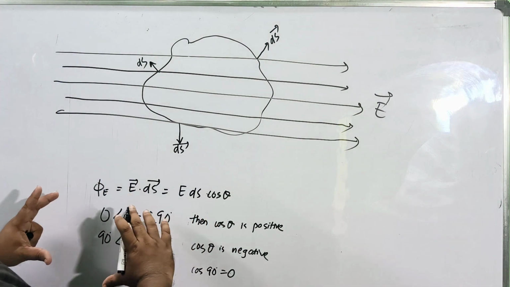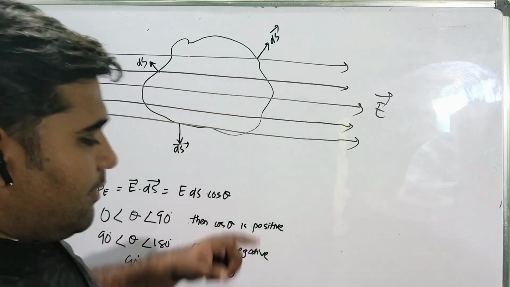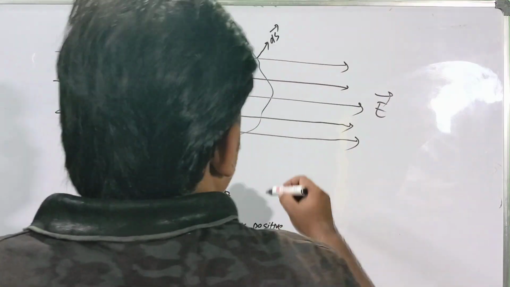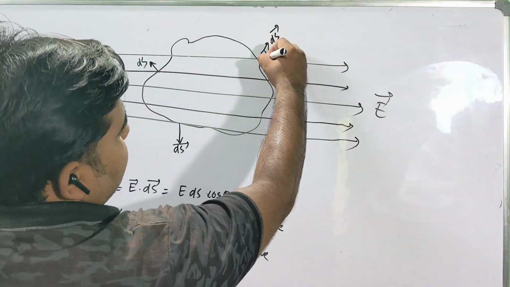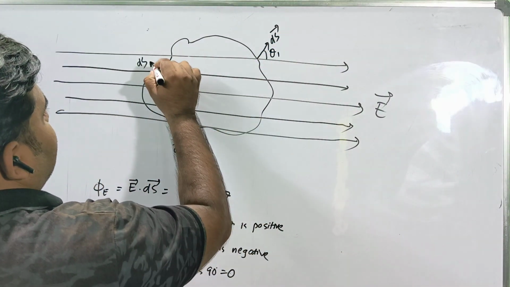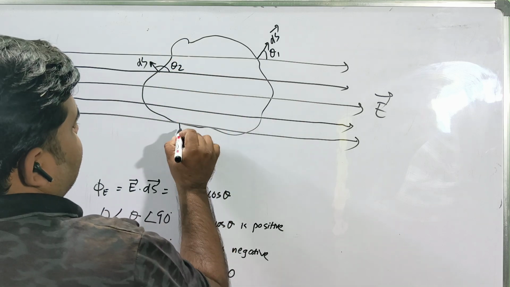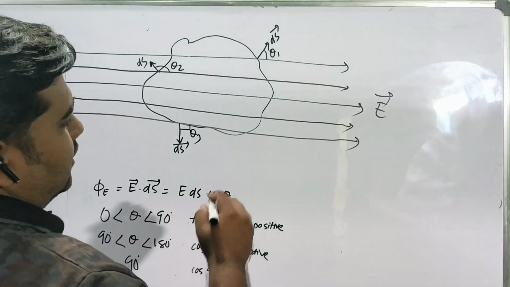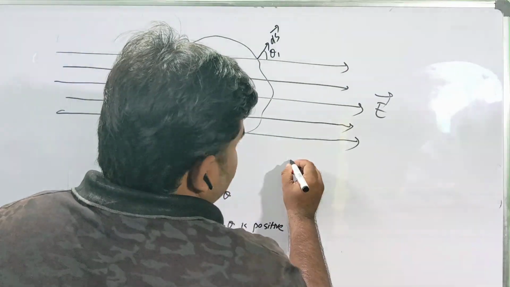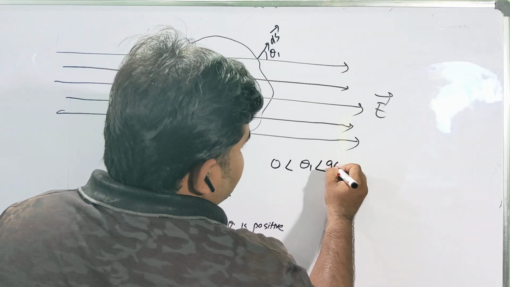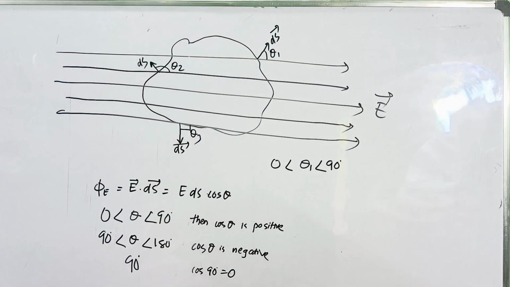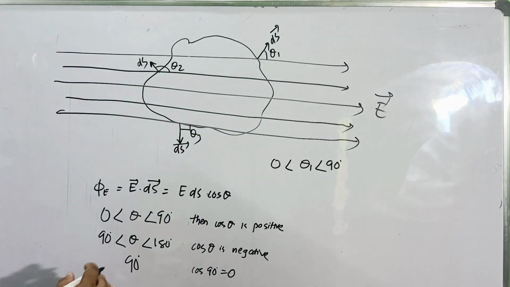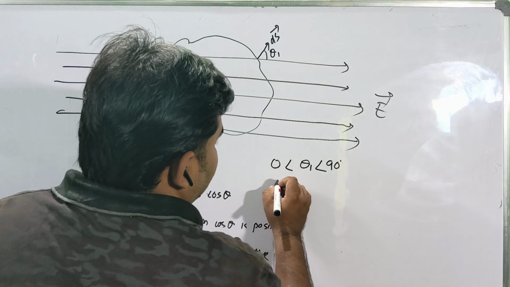Whatever you have understood, you apply at this point. See, at this point you see theta 1, theta 2, and theta 3. Theta 1 is an acute angle. Theta 2 is greater than 90 degrees and less than 180 degrees.